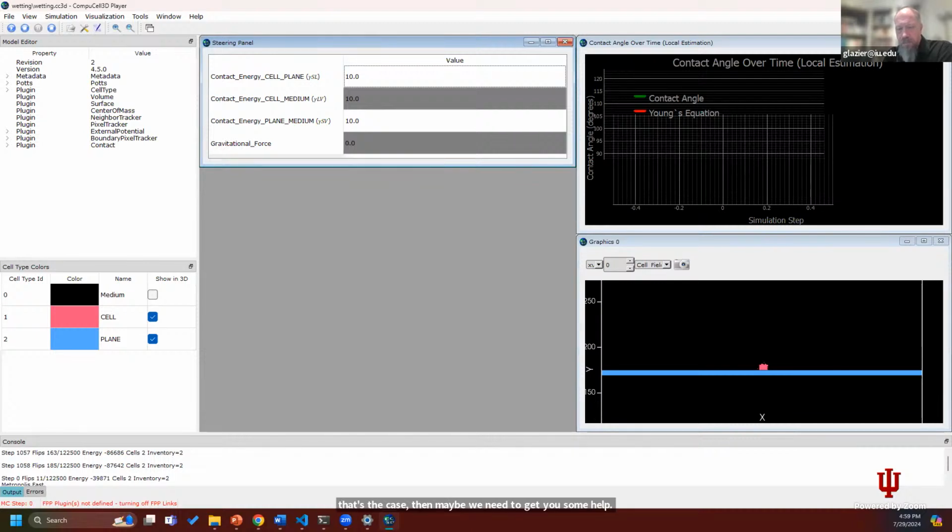If you're having trouble getting a screen where you can see all three windows, please put your name in the chat and we will get somebody to help.